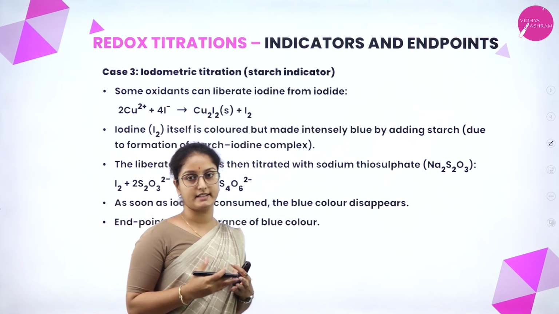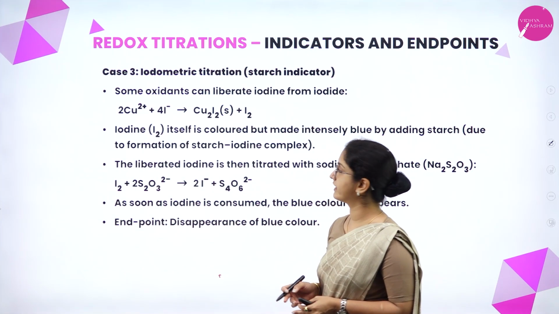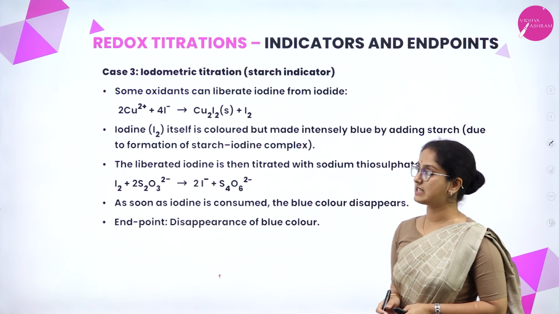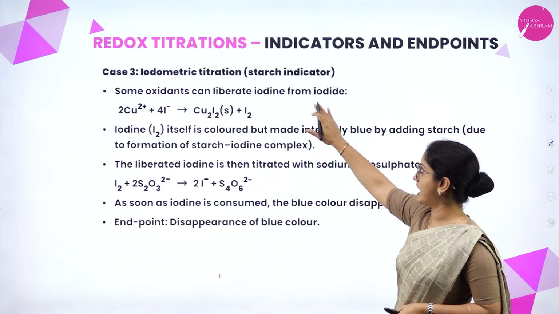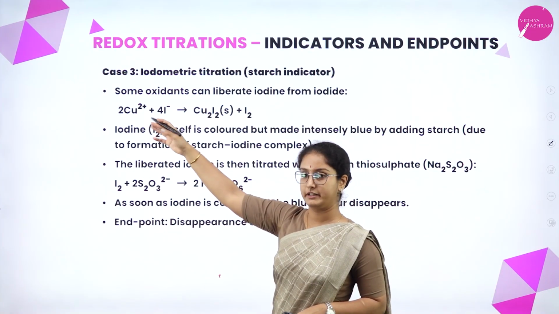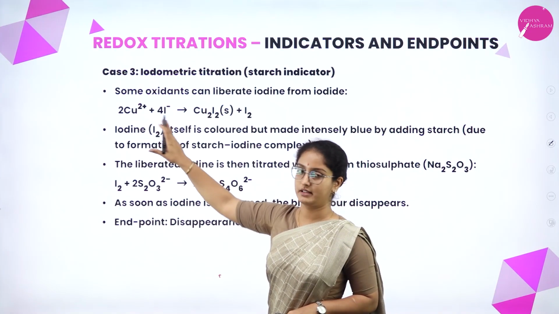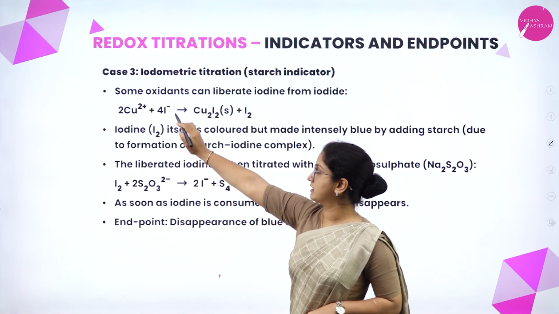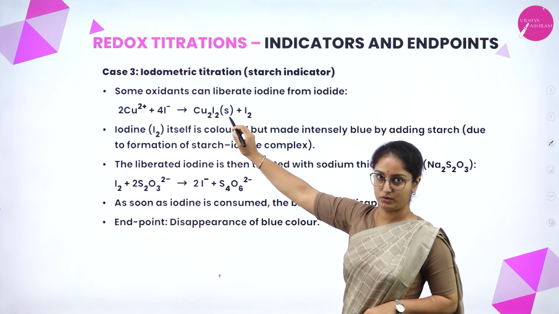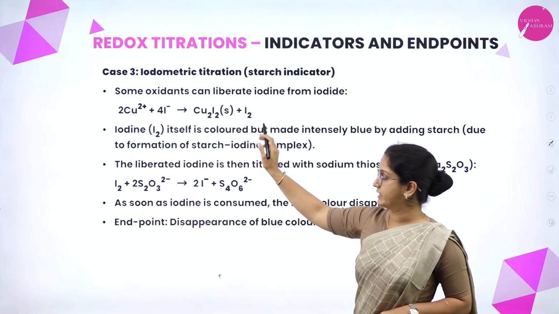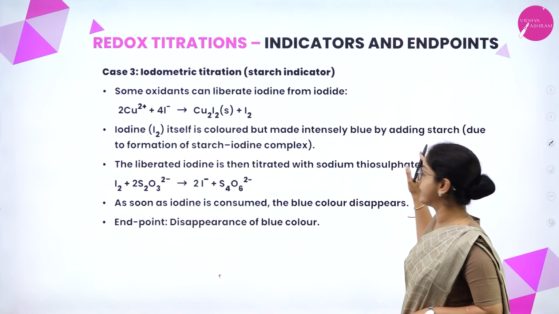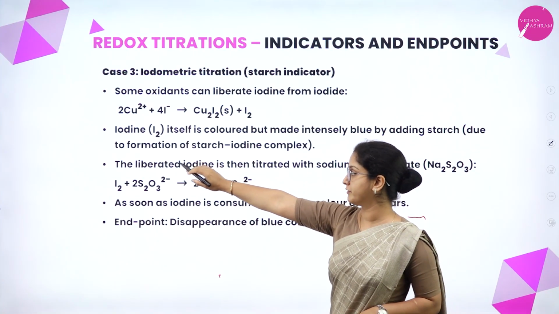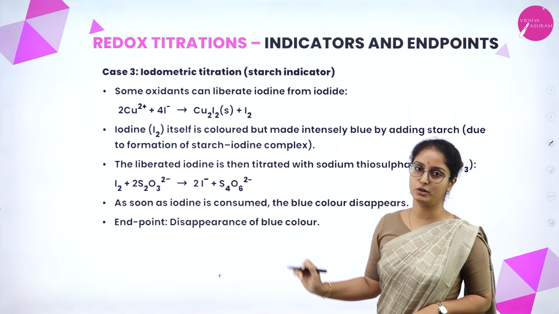Now let us see case 3, that is iodometric titration. Here starch is used as an indicator. Some oxidants can liberate iodine from iodide, for example the reaction between copper and iodide. Copper ion with iodide ion gives Cu2I2 plus I2, iodine. Iodine itself is colored but is made intensely blue by adding starch indicator, due to the formation of the starch-iodine complex.